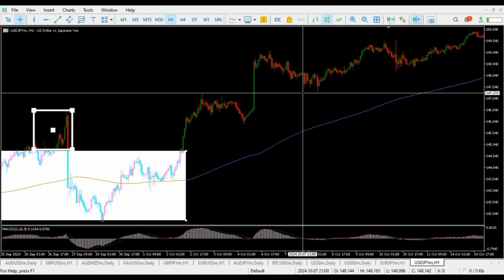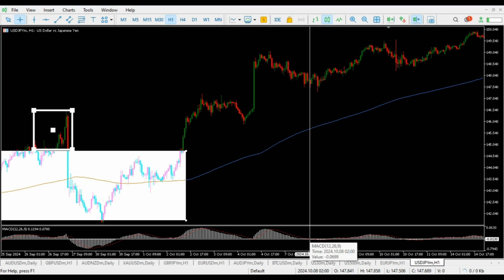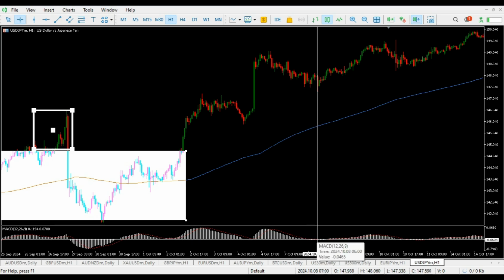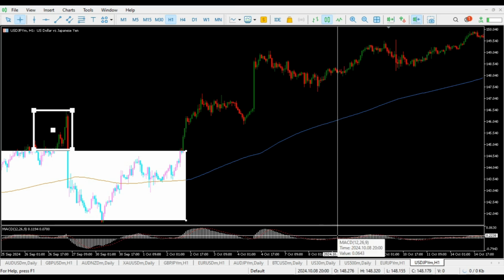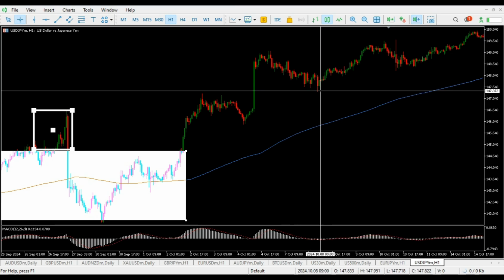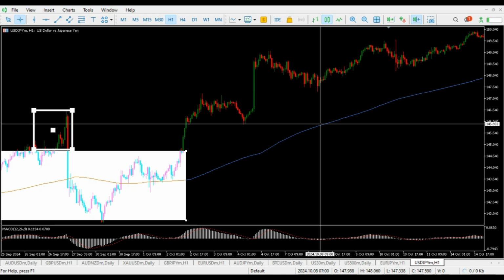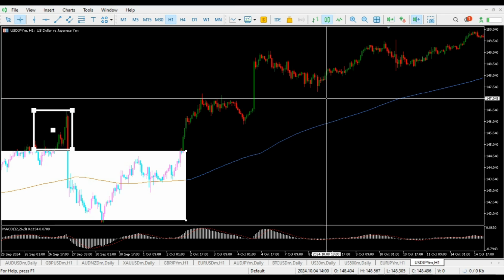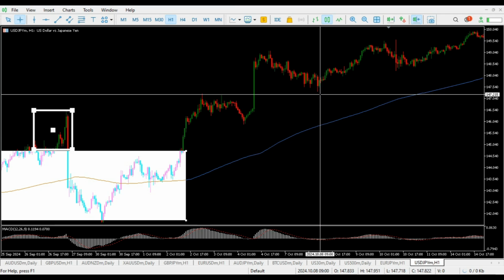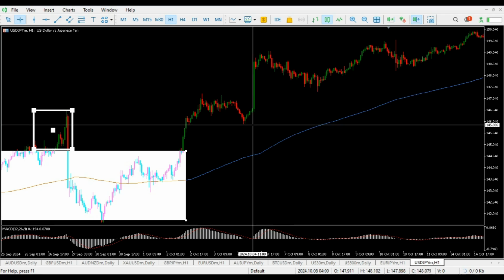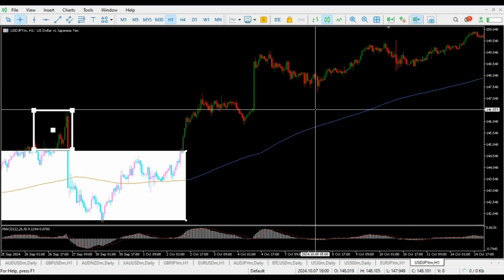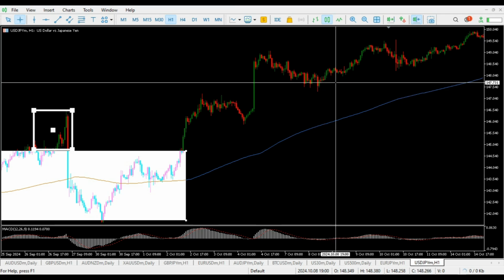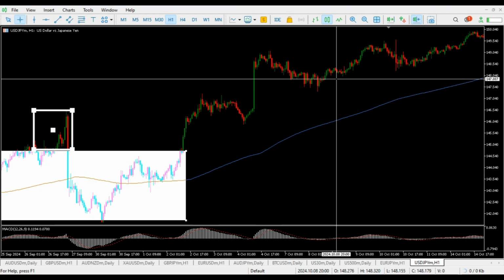So in this area here, the MACD was negative, crossed down below and then crossed back up. Price was far away from the exponential moving average with its pullback, indicating the availability of volume in the market. Confluence number 2, price out of the pullback is trending above the exponential moving average 200, implying bullish trend direction.